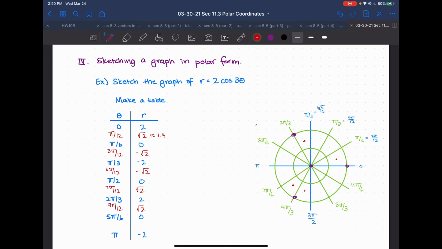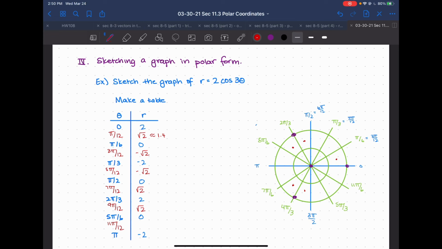The next one's probably going to be negative. Well, we'll figure it out anyway. 9 pi over 12, like I said, is coterminal to pi over 4. Oh, 9 pi over 12, my bad. I'm thinking of something else. 9 pi over 12, we're right here, so we're right there. Okay, last one, 11 pi over 12.